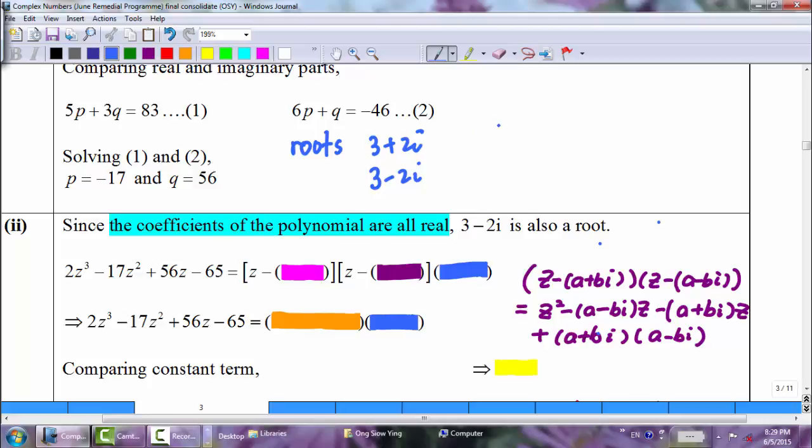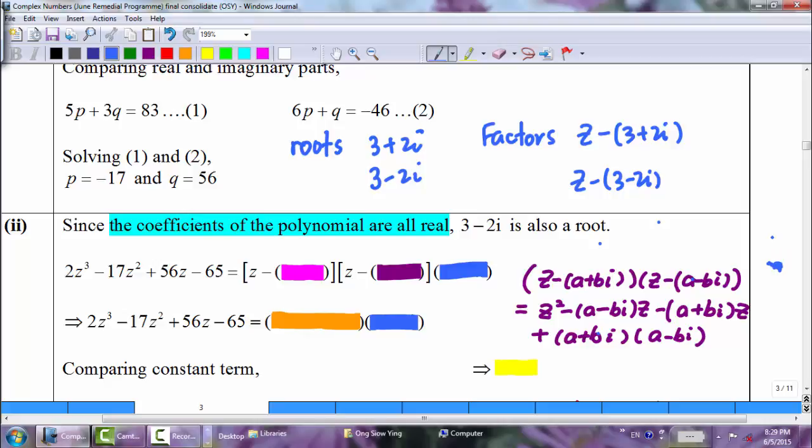You will be able to write down the factors. They are not the same, but you can use one to find the other. The factors will be z minus the root. So the first factor will be z minus bracket 3 plus 2i, and the other factor will be z minus bracket 3 minus 2i. Once you have the roots, you can form the factors and vice versa.